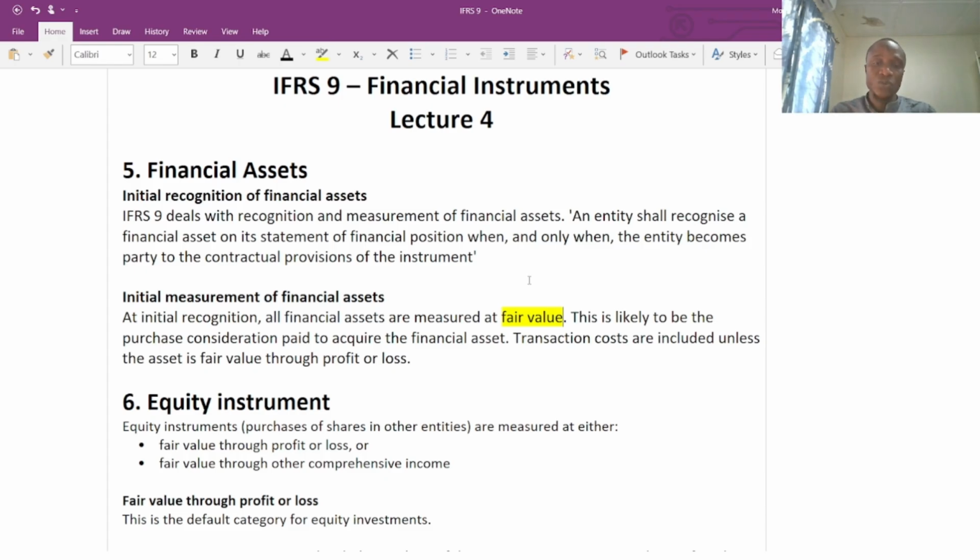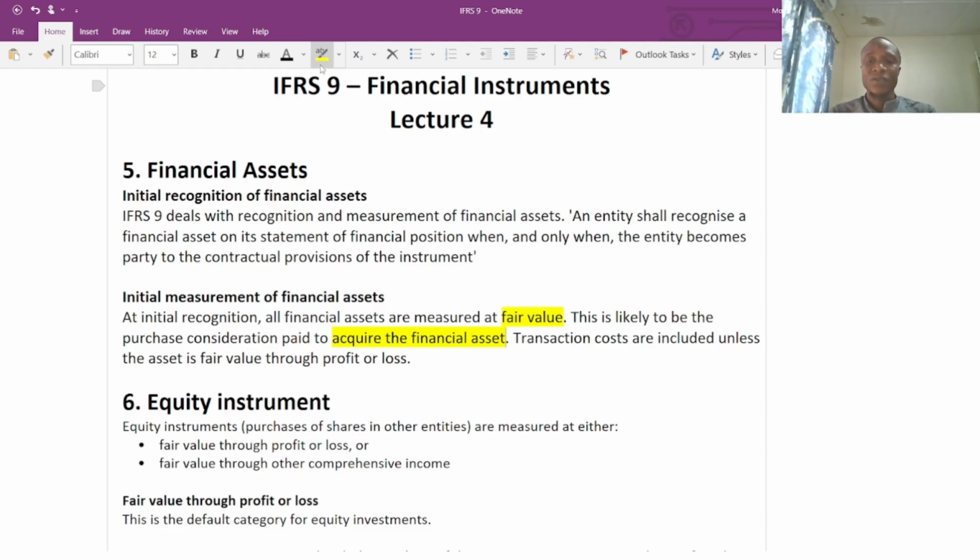What you need to know is that all financial assets at initial measurement, we are going to measure using the fair value. This is likely to be the purchase consideration paid to acquire the financial asset. Very important concept you need to know.